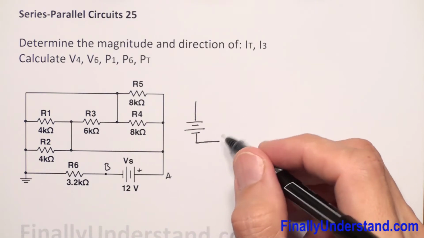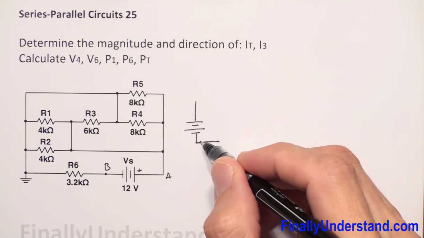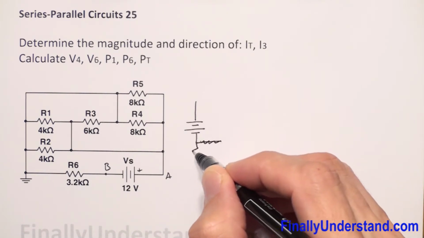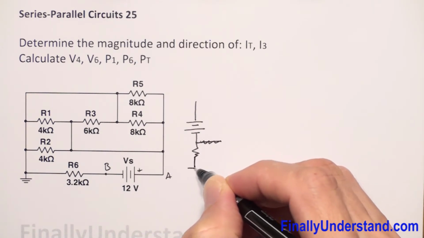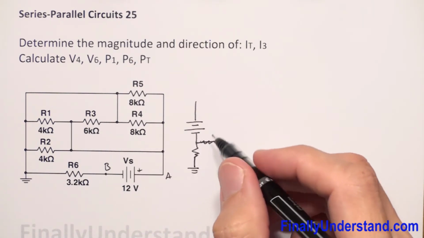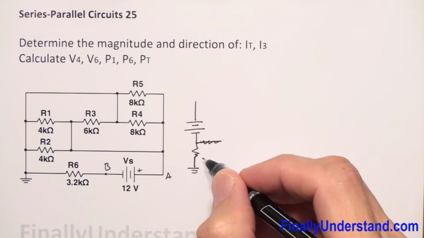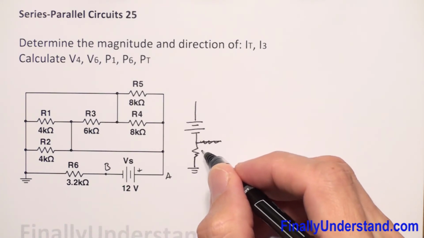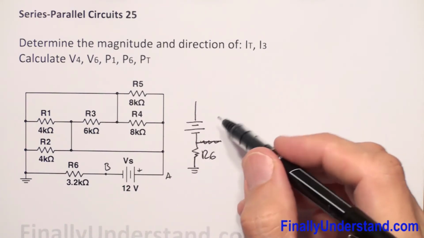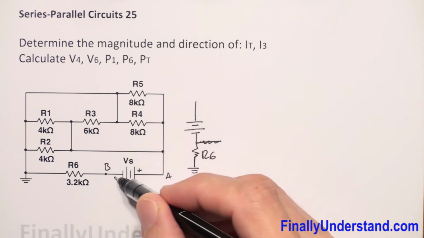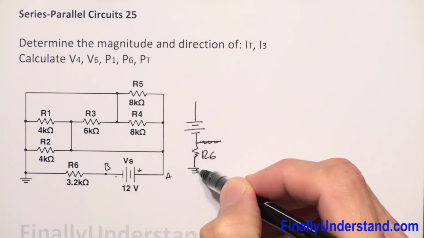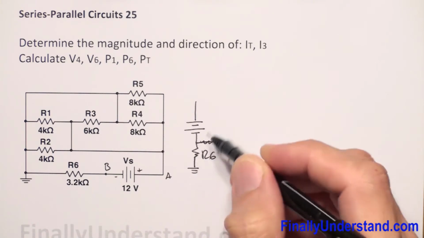So I can say this is my, maybe I'm not supposed to draw this line. I'm supposed to just draw a resistor over here, and this is my R6, right? R6 is connected to the negative terminal of my power supply and is connected to the ground.